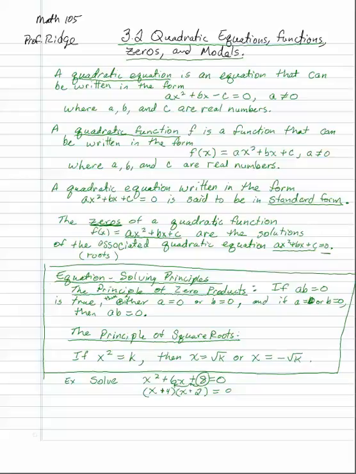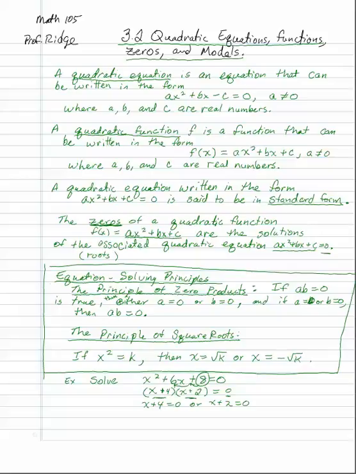And now I met the first part of the principle of zero products. I have a times b equals 0. So that tells me, if that's true, the only way that can be true is either x plus 4 equals 0 or x plus 2 equals 0.